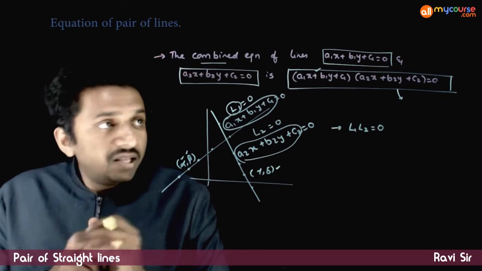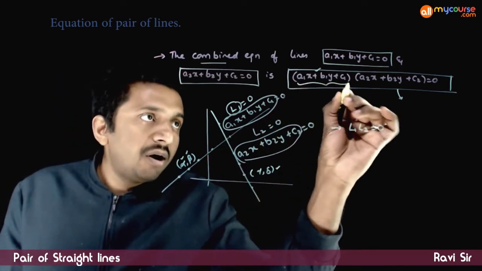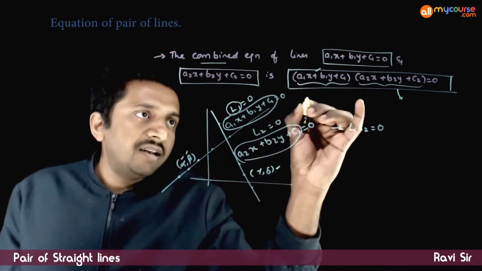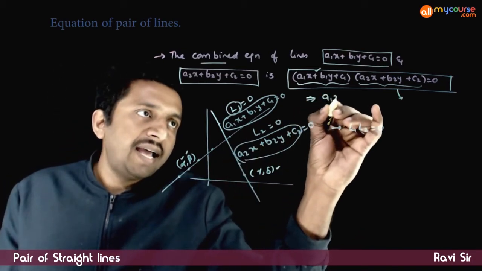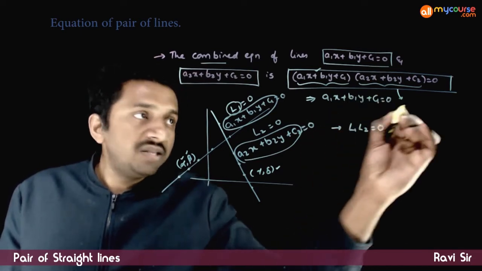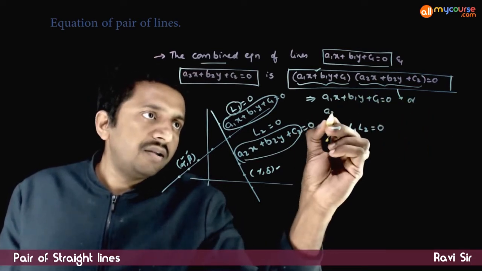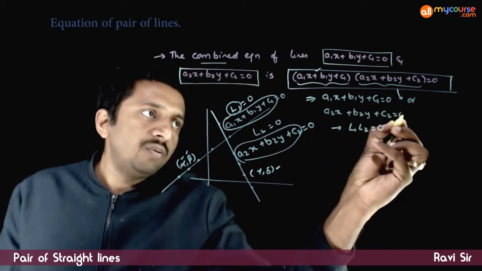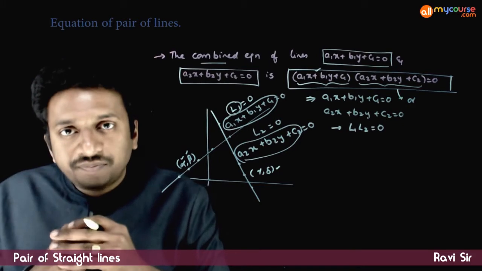Also, if the product of two expressions is equal to 0, I can say that this implies either a1x plus b1y plus c1 has to be 0, or a2x plus b2y plus c2 has to be equal to 0.